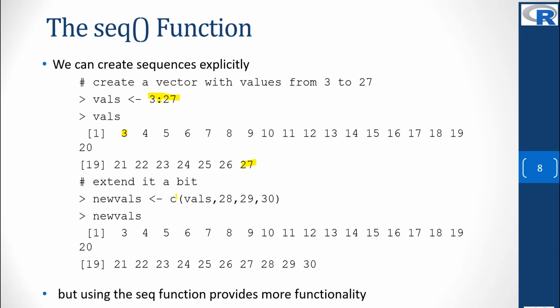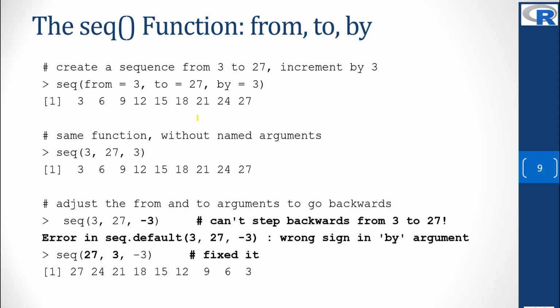And here we're using the combine function to manipulate that by adding a few extra numbers to it. But this is fairly limited because you just get these sequential ranges. The sequence function provides more options.